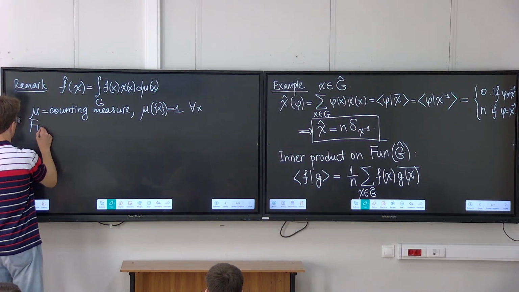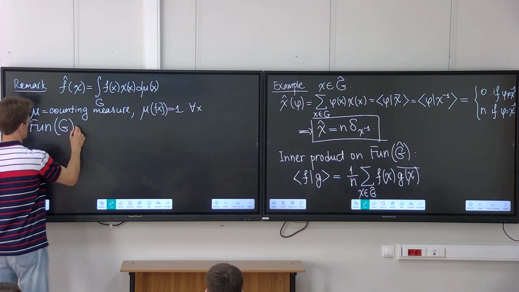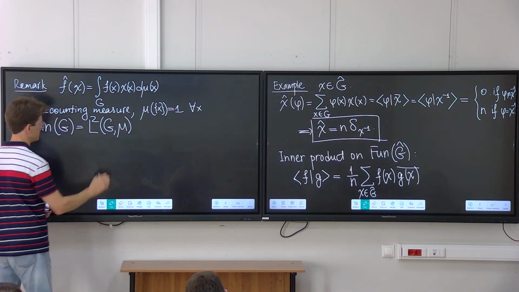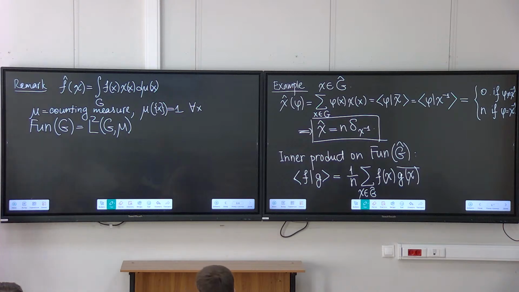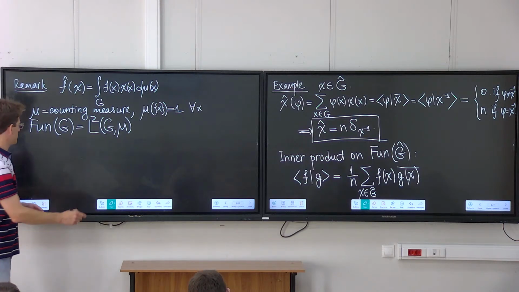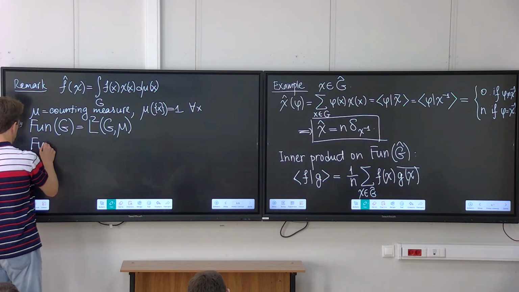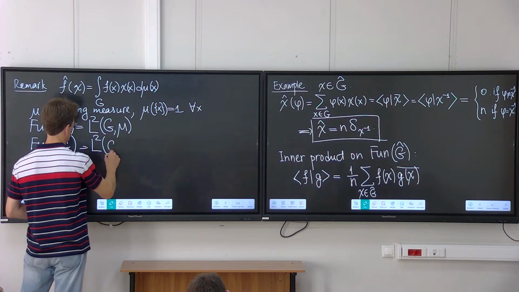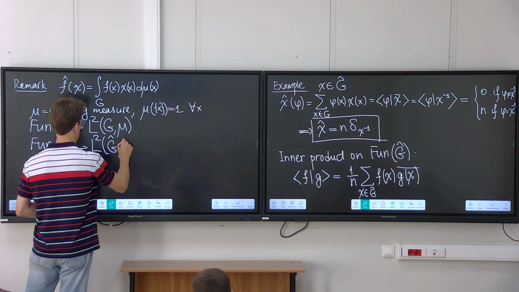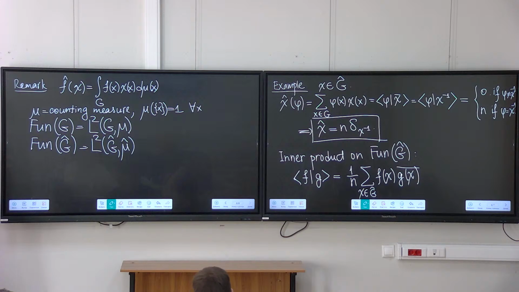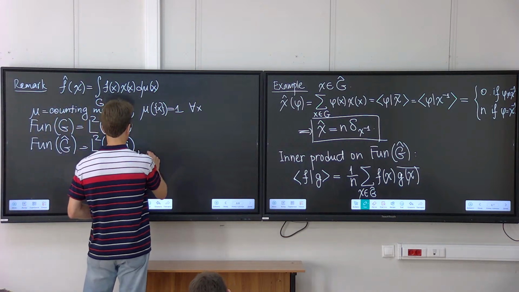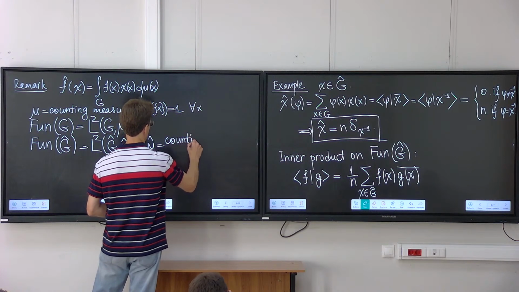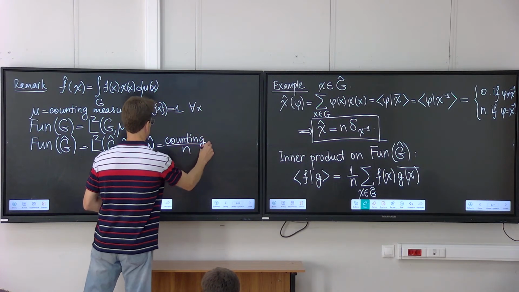So the space of all functions on G can be interpreted as the space of square integrable functions on G with respect to the counting measure. And the space of all functions on the dual group is also the space of square integrable functions with respect to a suitable measure, mu hat, which is defined to be the counting measure divided by n.